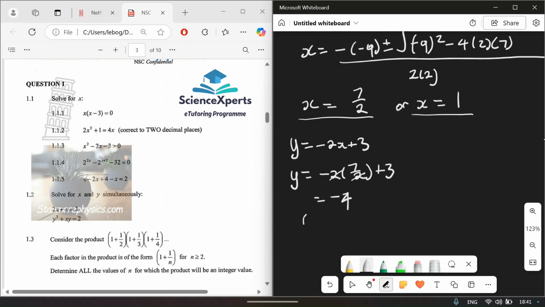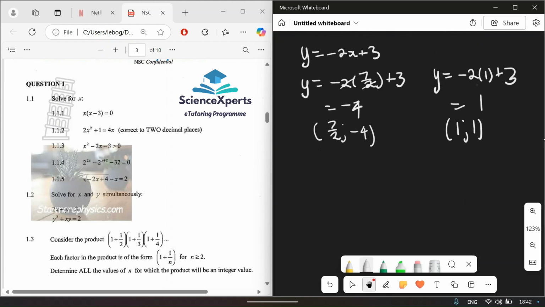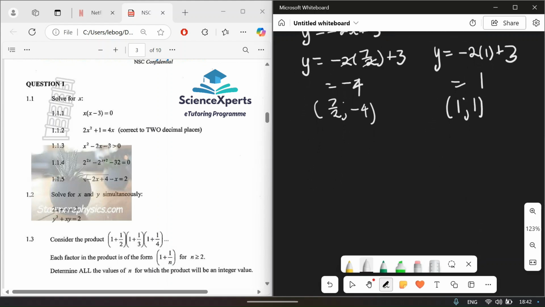So one pair of the coordinates is 7 over 2, negative 4. Can also substitute x is equal to 1, then y will be equal to negative 2 into 1 plus 3. This will be 3 minus 2, that's 1. Another pair of coordinates, okay, 1, 1. Remember, when you are solving two equations simultaneously, you are finding the point of intersection of those equations, né?